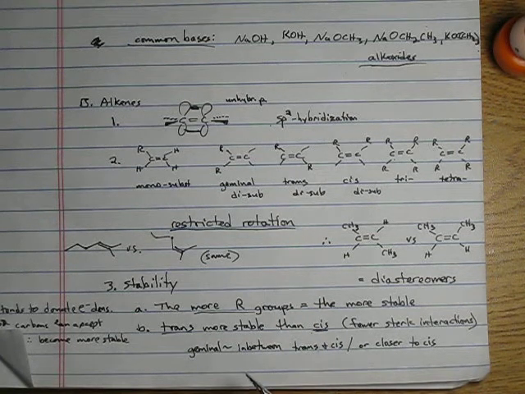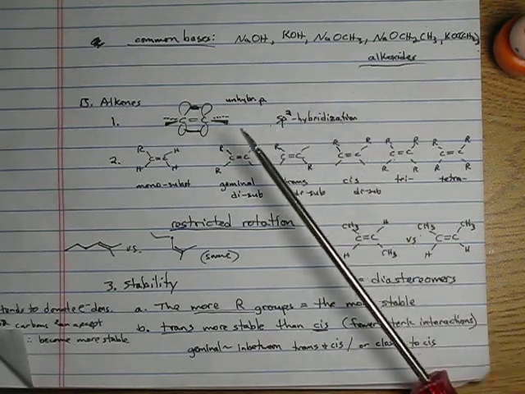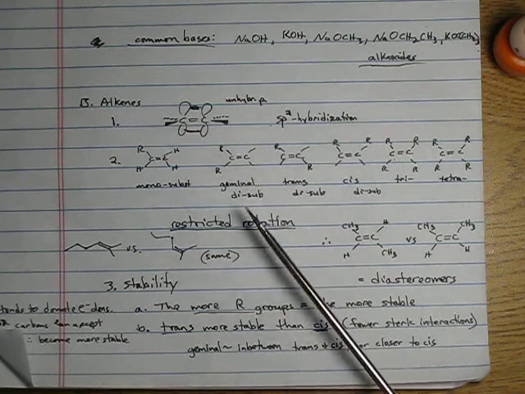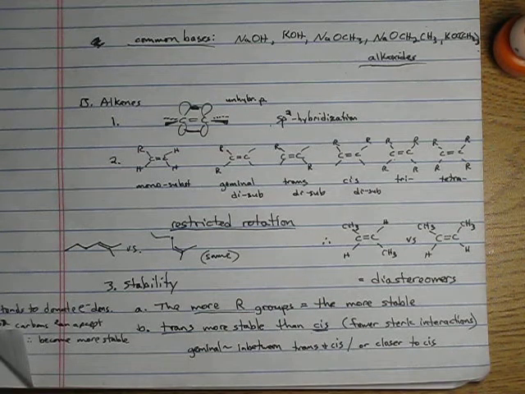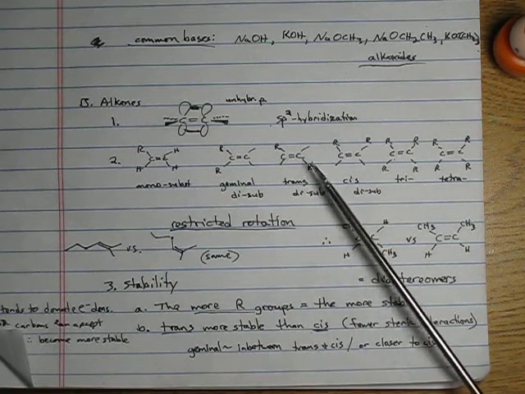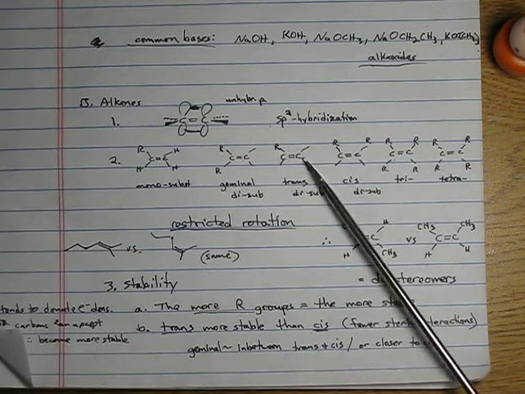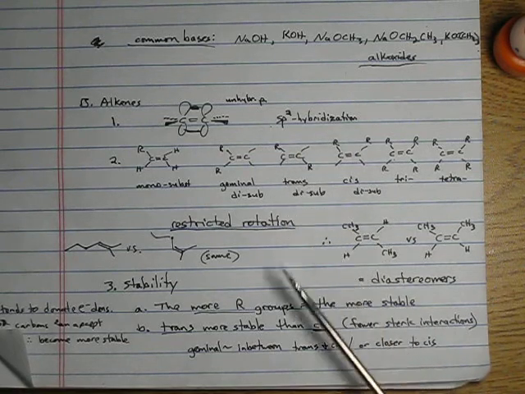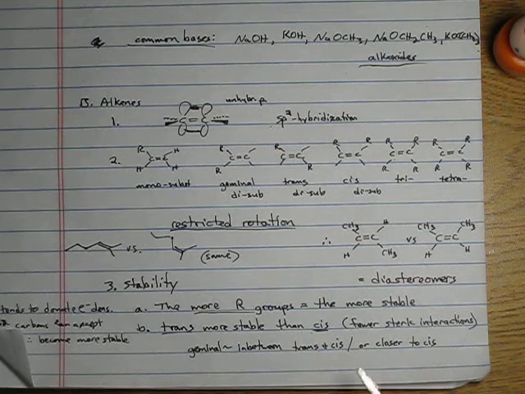We have a number of orientations when we have two R groups on the double bond. We can have two R groups on the same carbon, a geminal disubstituted double bond. We can have the two R groups on different carbons but opposite each other, trans disubstituted, as we've seen before. We have the cis isomer that we've seen before.